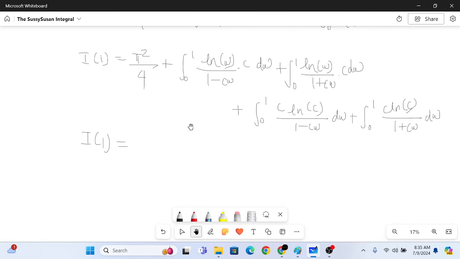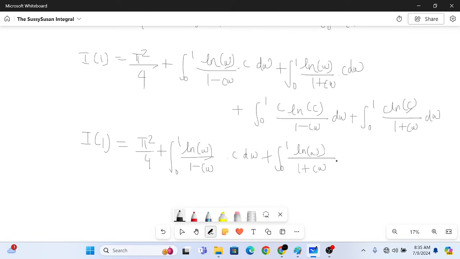Okay, so now this is just pi square by 4 plus the integral from 0 to 1 of ln w by 1 minus cw times c dw. Similarly, the integral from 0 to 1 of ln w by 1 plus cw times c dw.